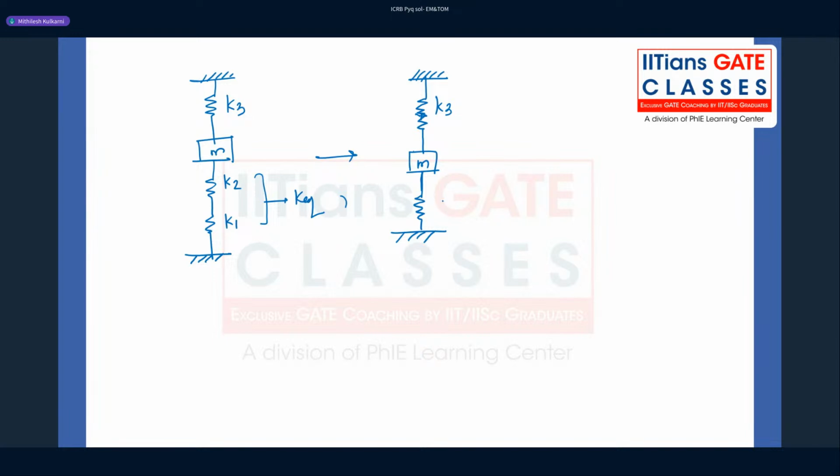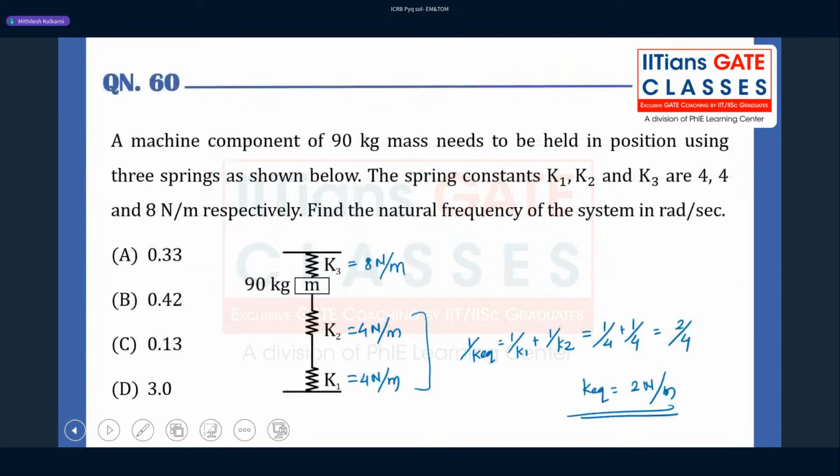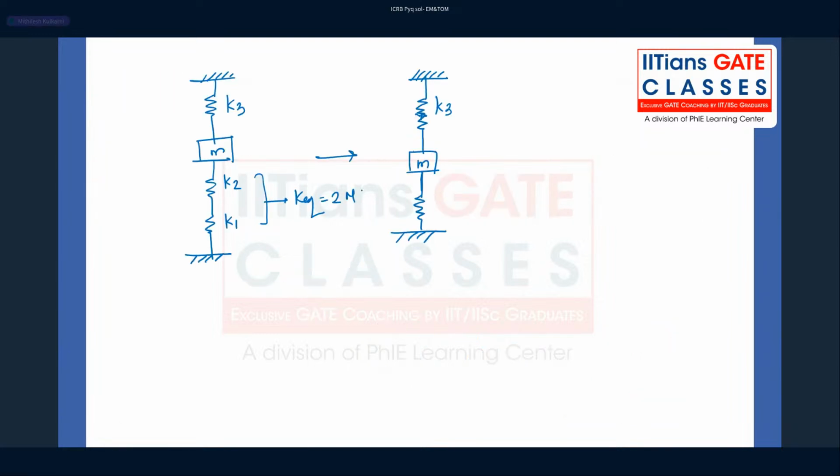So this is 2 Newton per meter, and this is 8 Newton per meter. So K3 is equal to 8 Newton per meter, and this is our 2 Newton per meter.